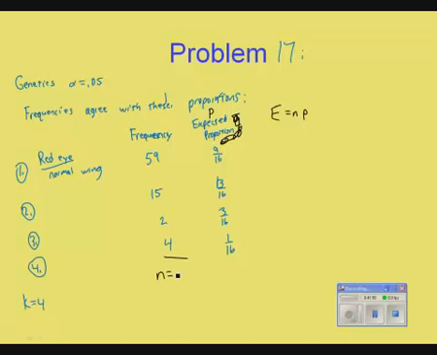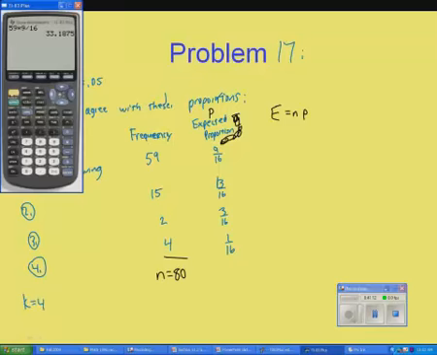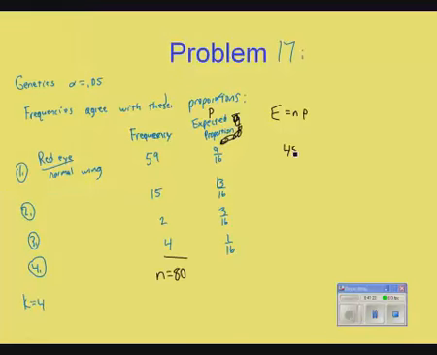So let's see, 74 plus 6 looks like 80. Actually, I don't even need a calculator for that one. 80 times 9/16 is 45, but we'll just do it. There's your 45. Okay. 80 times 3/16 is 15. And 80 times 1/16 is 5.